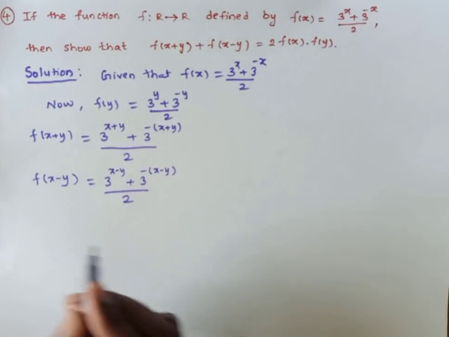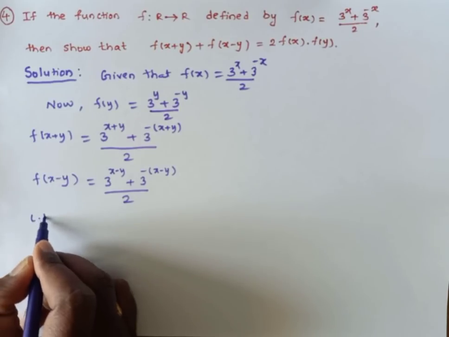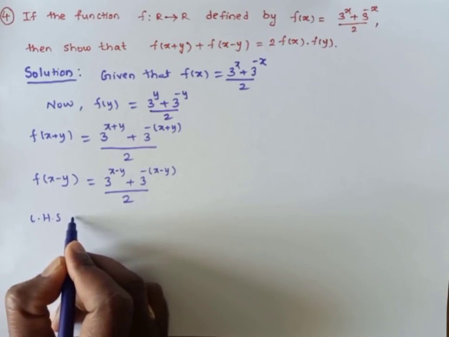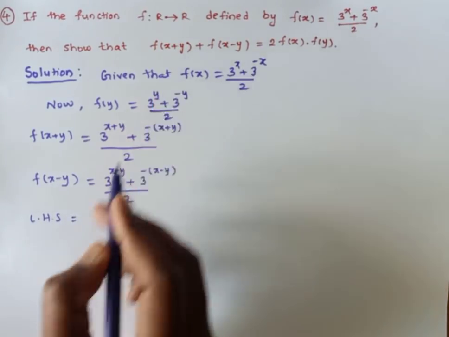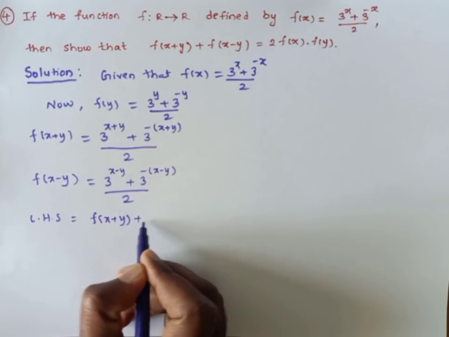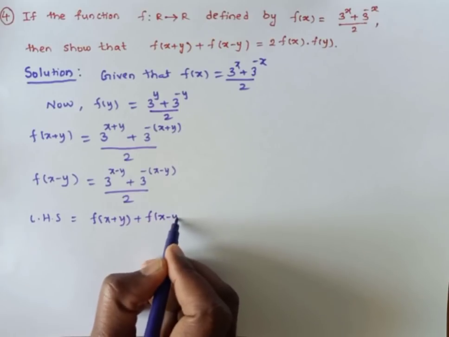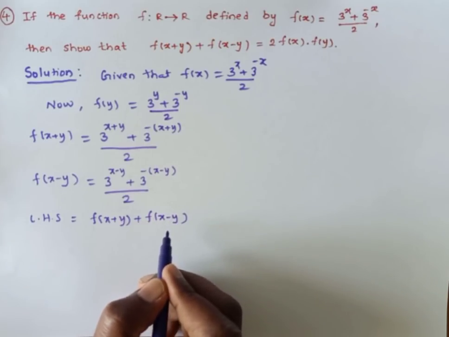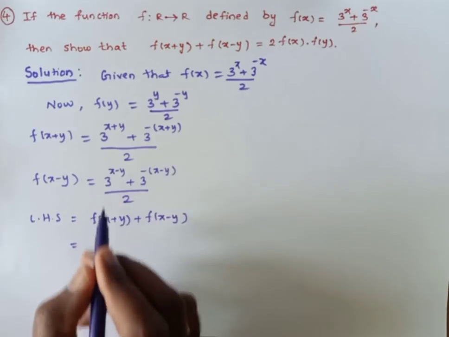So let us consider the left hand side of the given problem. Left hand side of the given problem is what? That is f of x plus y plus f of x minus y. Then what is f of x plus y?